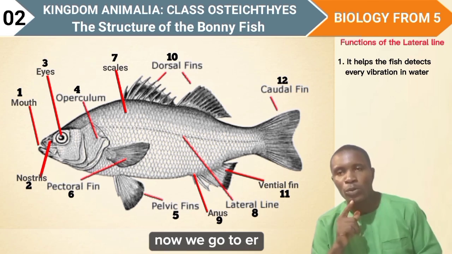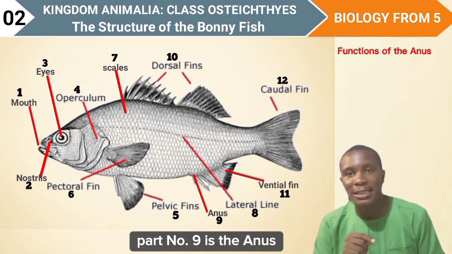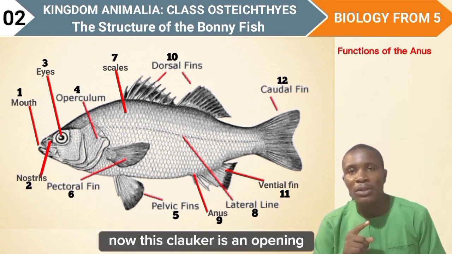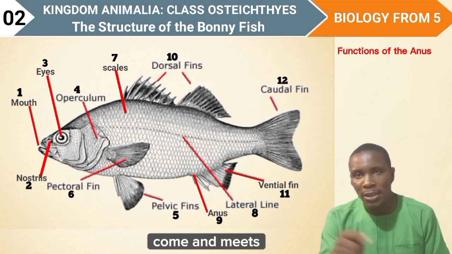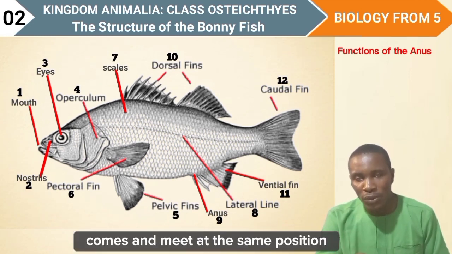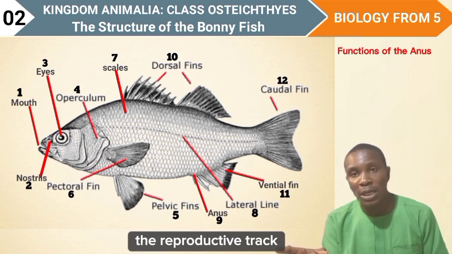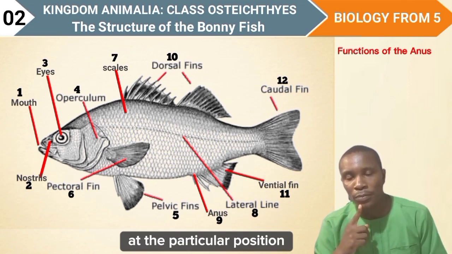Now we go to part number 9. Part number 9 is the anus. It is also called the cloaca. Now this cloaca is an opening where the digestive tract comes and meets. The urinary tract comes and meets at that same position, and then the reproductive tract also comes and meets at that particular position.